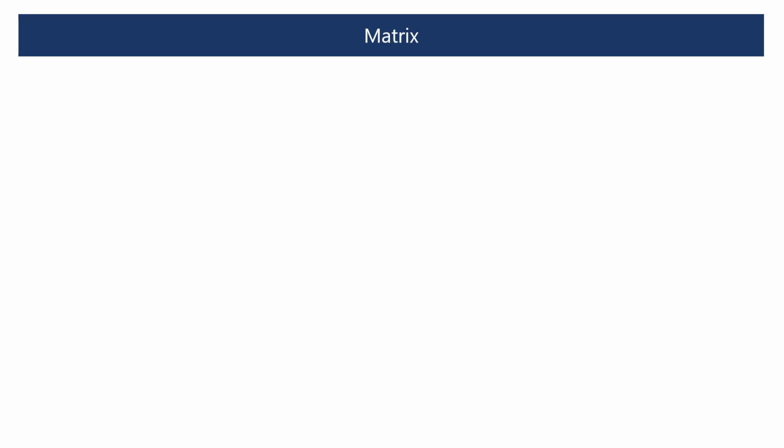Next, let's discuss matrices. A matrix is a rectangular array of numbers arranged in rows and columns. Each number in a matrix is called an element. For example, consider the matrix on this slide.